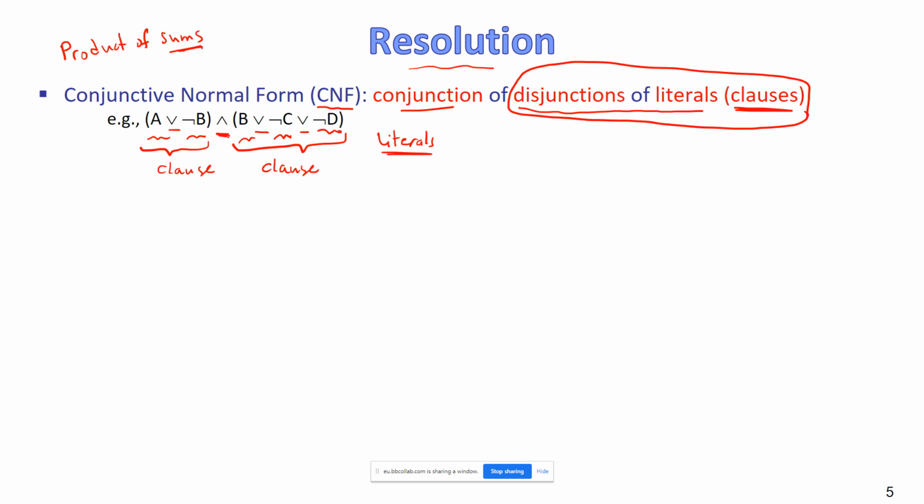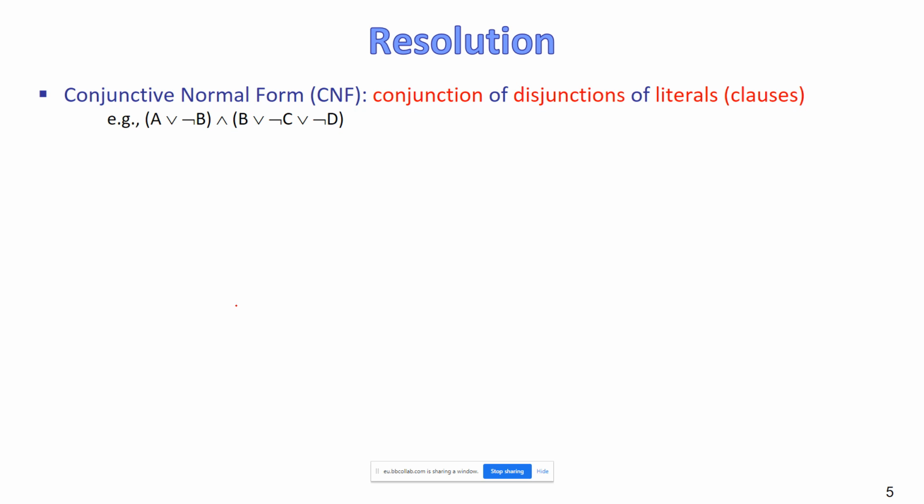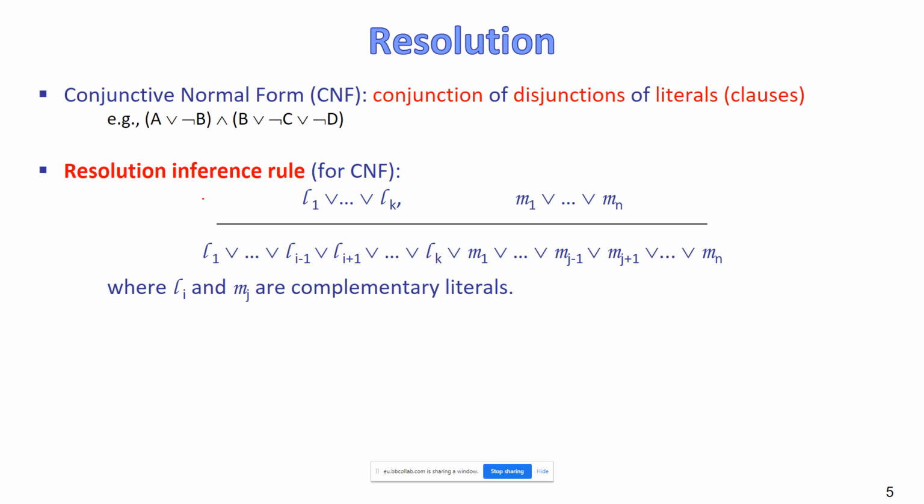Again, we have literals. Composing the literals through the or operation gives us a clause. The and of the clauses is the CNF form. So that's the CNF. Now, what is the resolution inference rule?